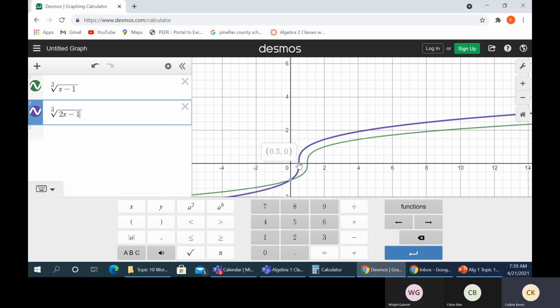Okay, so we did get a bit of a stretch, but we also got moved over, so it's not a pure stretch, because this actually moved us back a little bit, as you can see. So this one, while it is a stretch, it's not just a stretch, it's also being translated over to the left. So a true stretch in this case would be, let's do the cube root thing again.